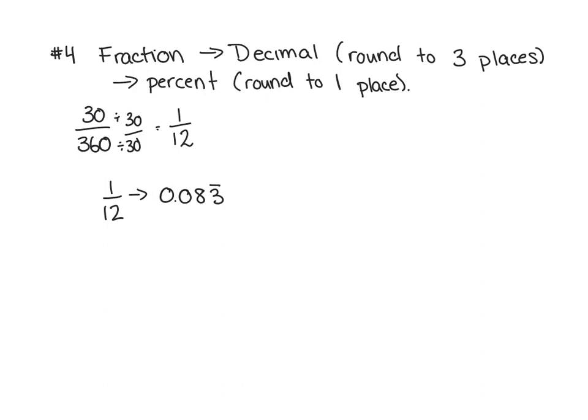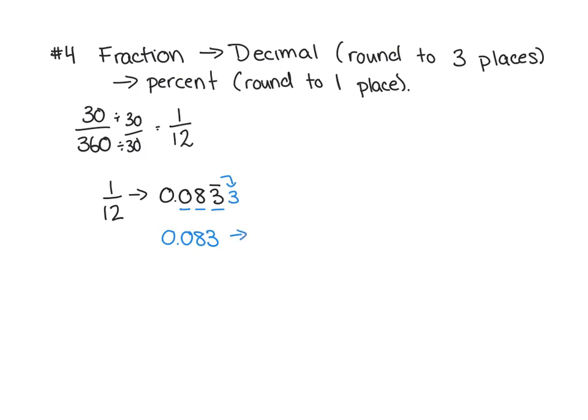Now, because we are rounding it to 3 decimal places, we just look at, okay, here's 1, 2, 3. The next number that would come after this 3 would be another 3, and a 3 tells us to round down, so we keep it the same. So this will be 0.083. Then we're going to change this into a percent.